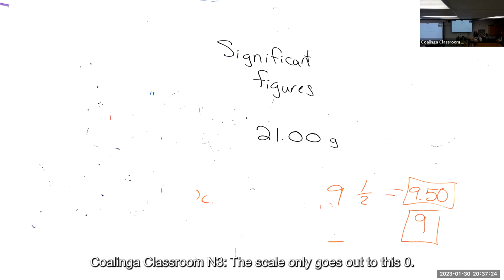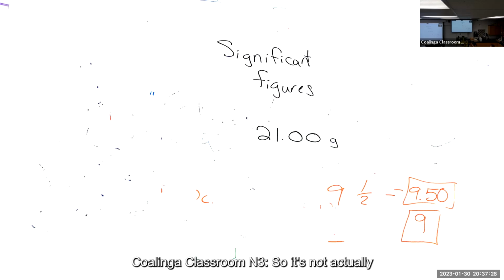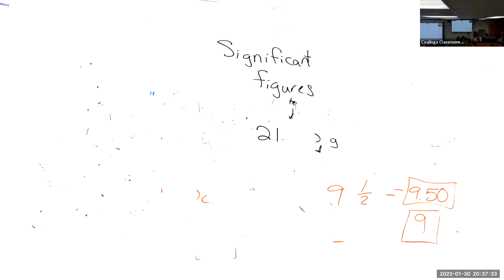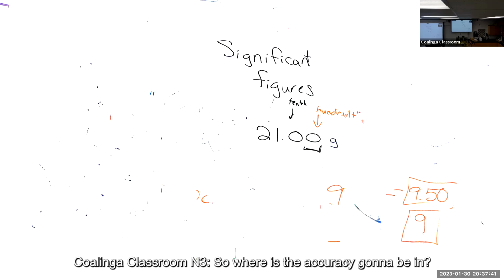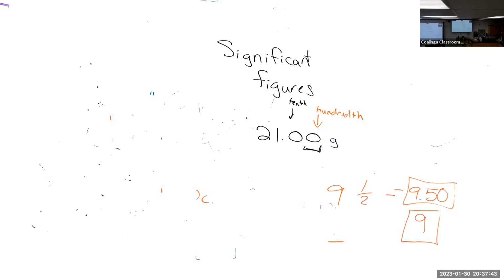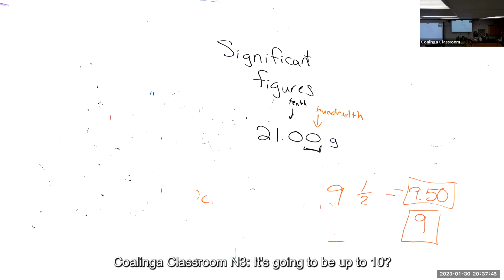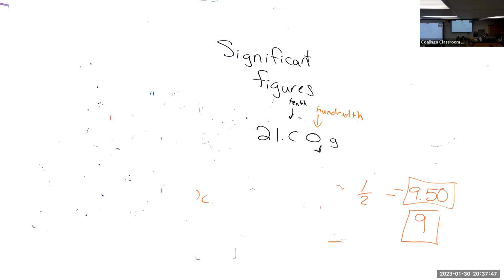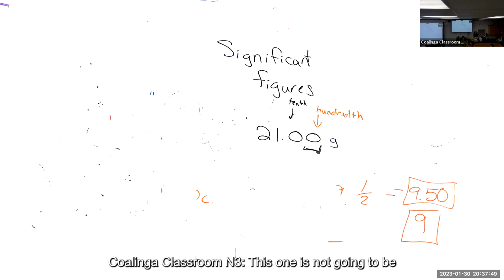The scale only goes out to this last 0, so it's gonna fluctuate. This is the 10th place, and this here is the 100th place. So where is accuracy gonna be? It's gonna be at the 10th. The last digit is not gonna be accurate, it's always gonna be fluctuating. Okay, does that make sense?